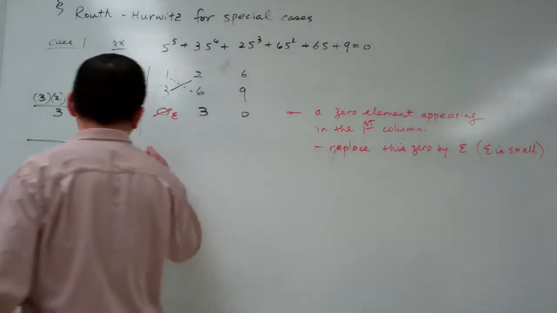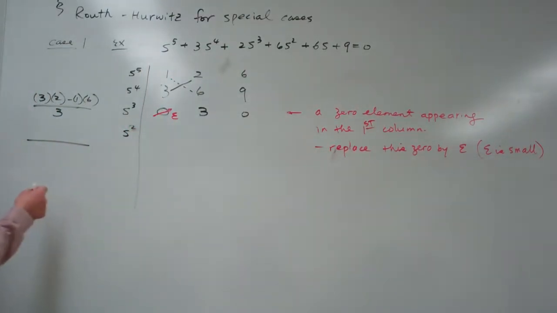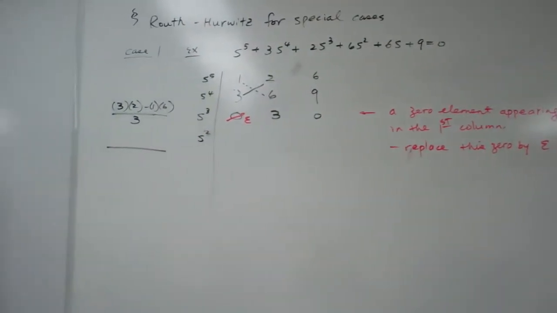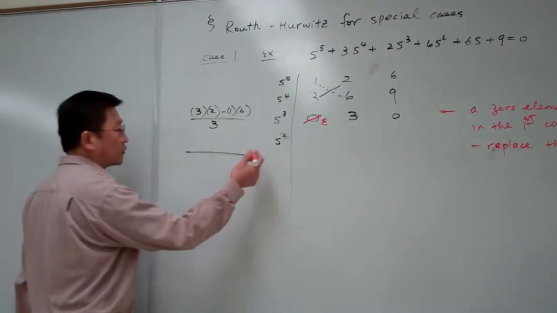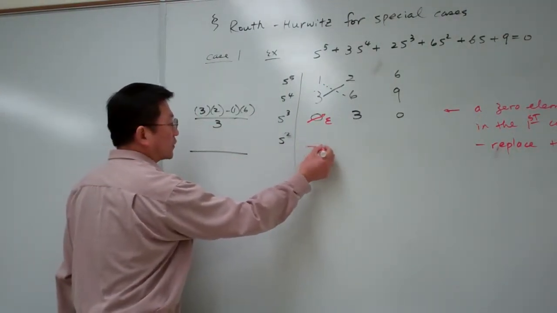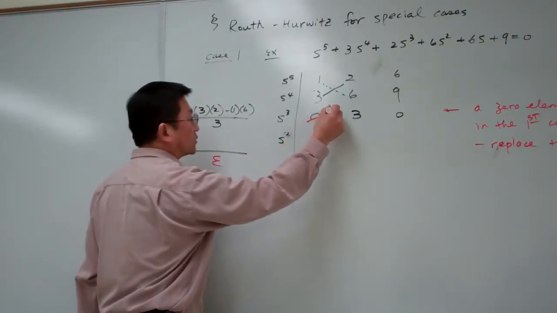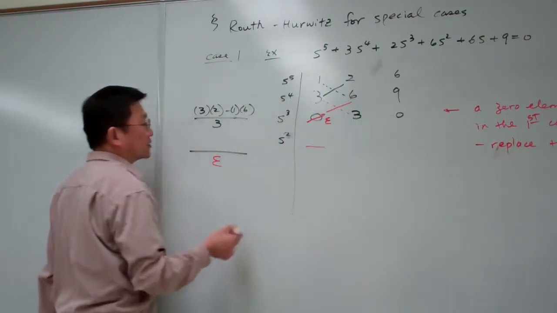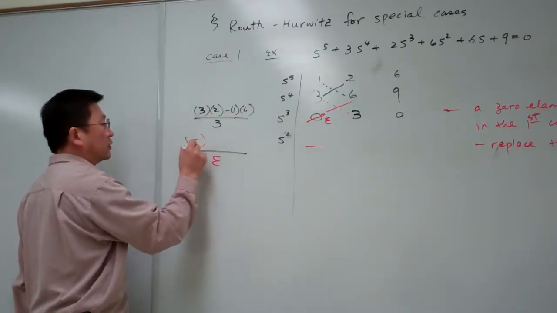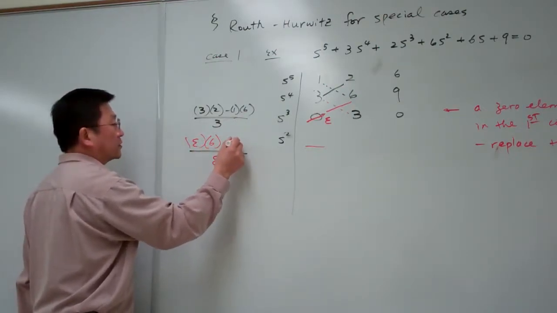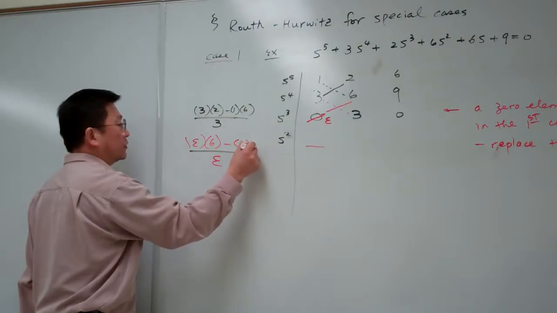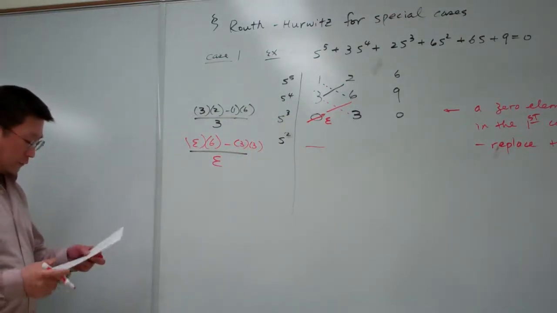Okay, so now we proceed to s^2. Using the revised numbers, for this number here we divide by epsilon, and the numerator is the multiplication of this number minus this number. So it's epsilon times 6 minus 3 times 3.